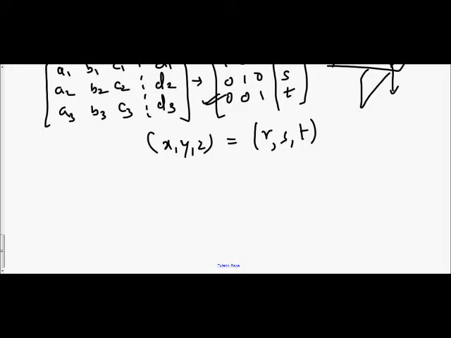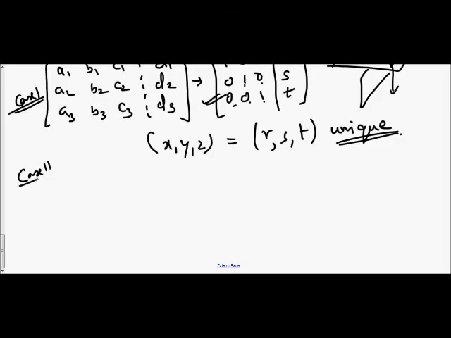But if you are not able to bring this to this echelon form, then what happens? Then you should concentrate on the last row. Say this is case 1 where you can make it to the echelon form, which is the 1 0 0, 0 1 0, 0 0 1 form. In that case you have a unique solution, which is one particular single point.